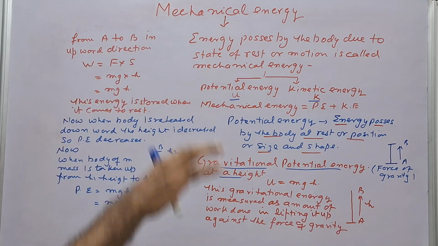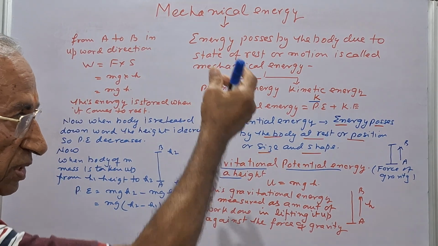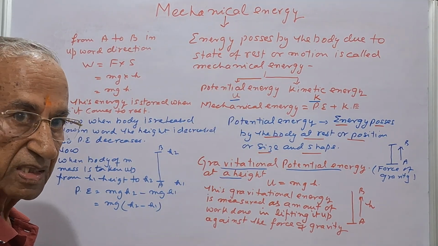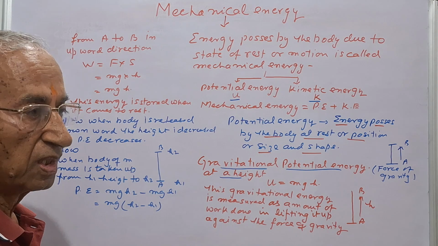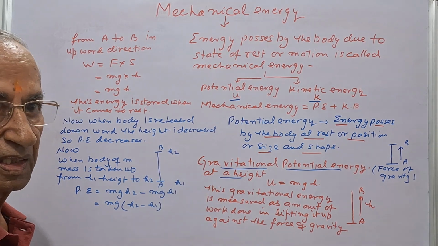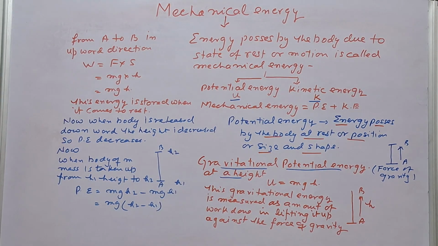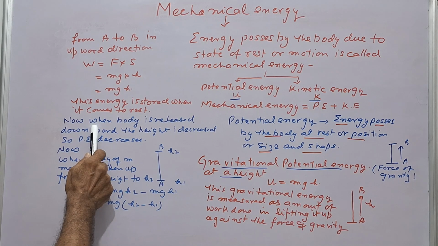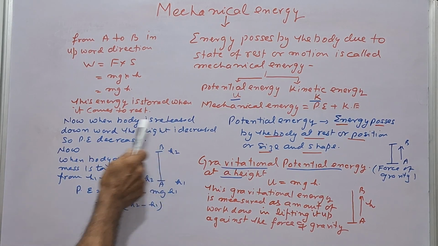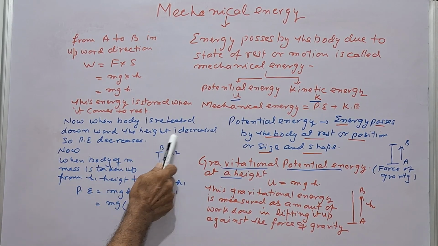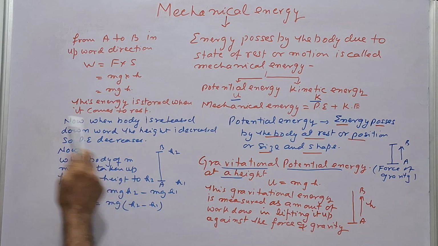And when it falls down on the ground due to the force of gravity, it reaches the ground where height becomes 0. So we will say that the work done or the potential energy is 0. So when a body is released downward, height decreases, so potential energy also decreases.